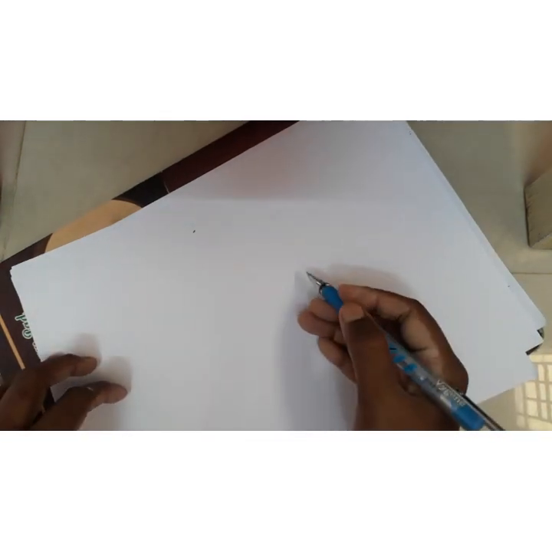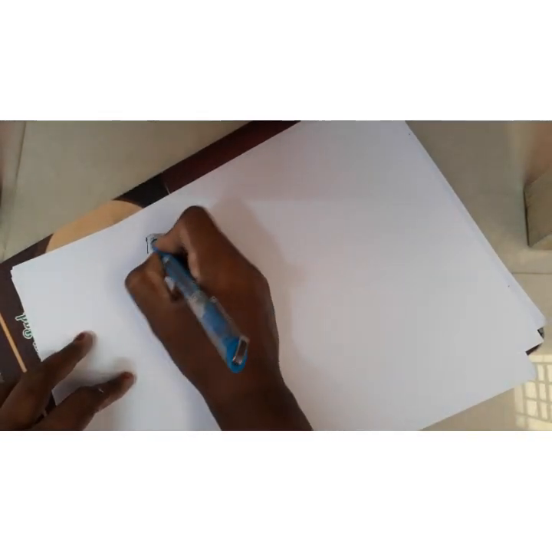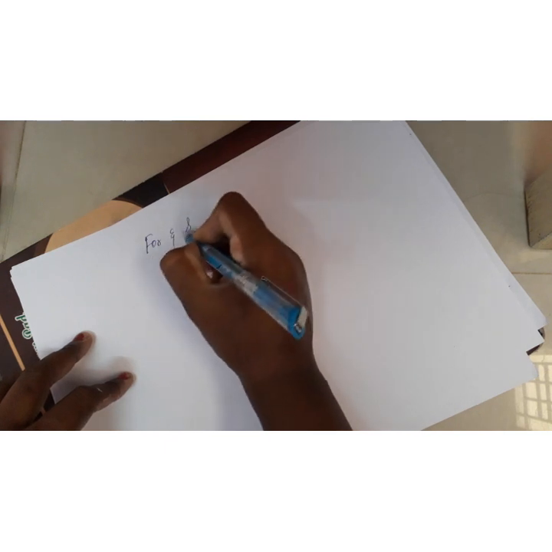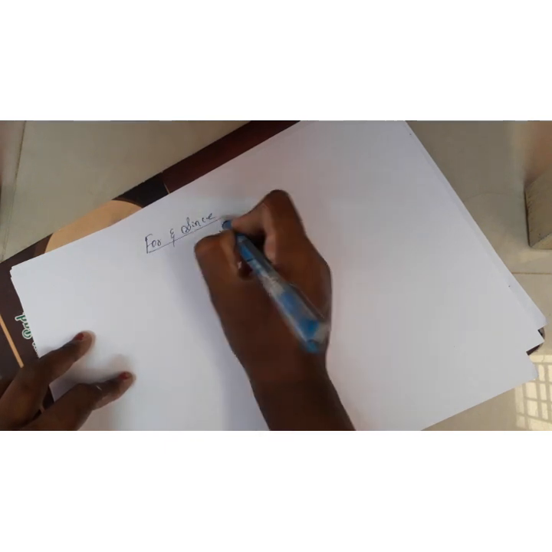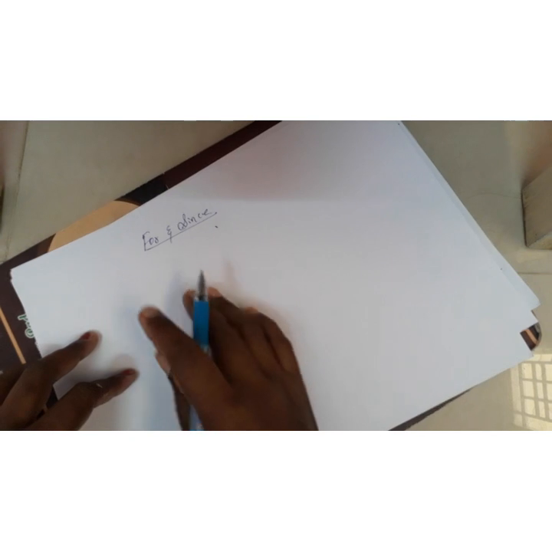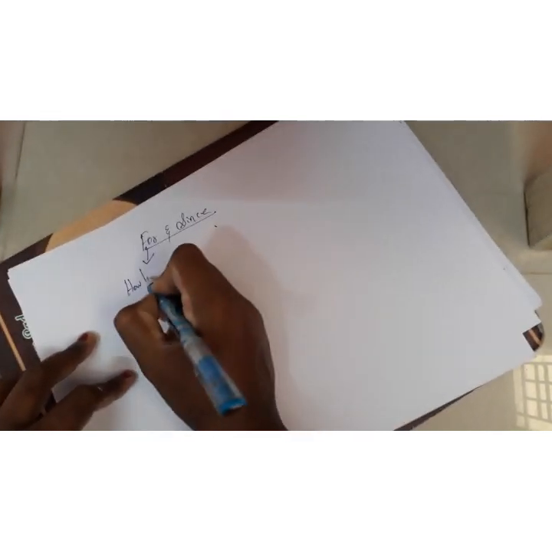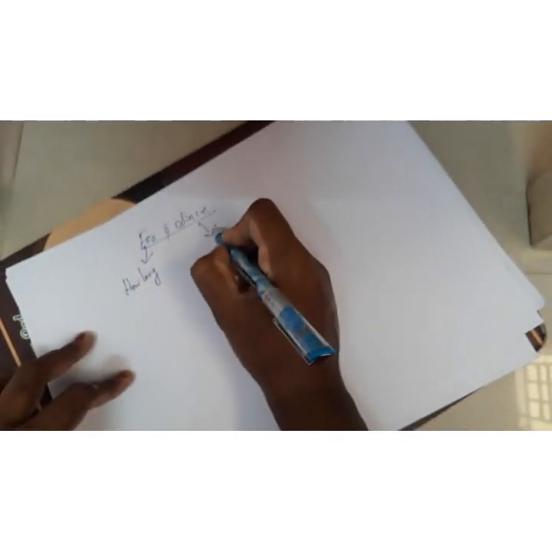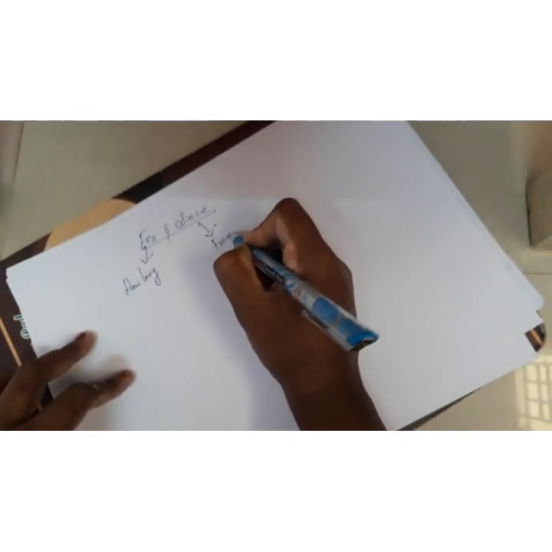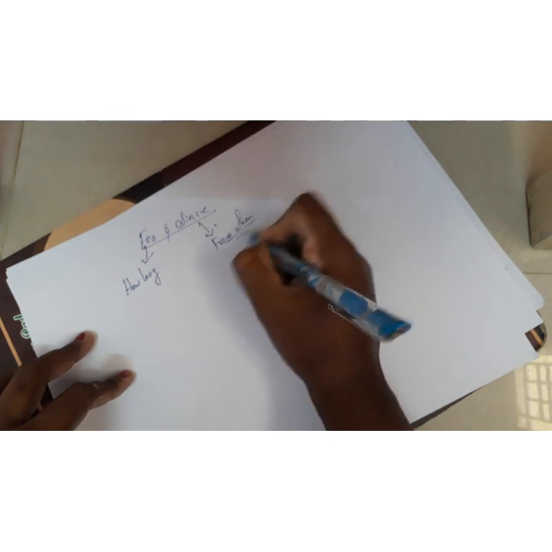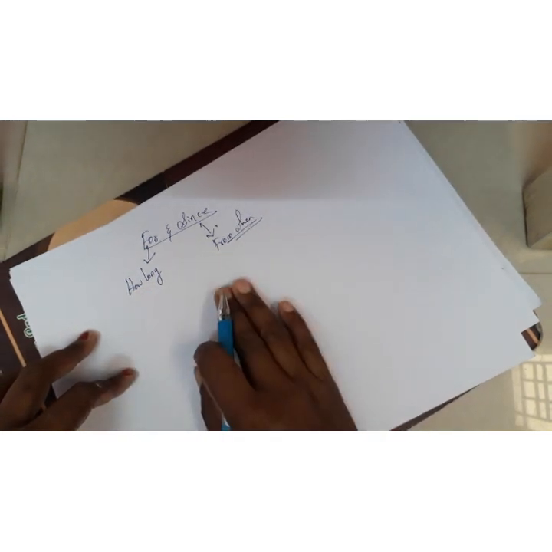Before going into our exercises, let me explain when for and since are to be used. For says how long an action has been done. Since says from when it started.